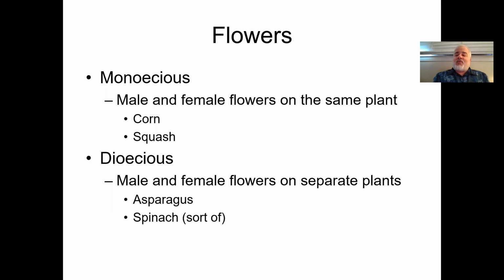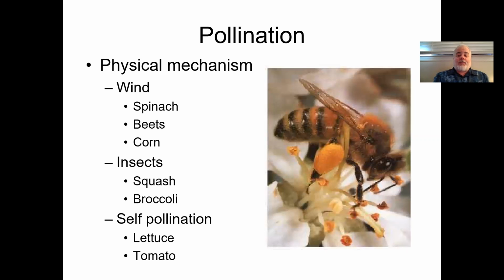So nature doesn't fit into the nice little boxes we like to make. Nature does its own thing. But even though nature doesn't always fit into the boxes, it's still convenient to have the boxes to talk about. Boxes like monoecious and dioecious. So next we're going to talk about pollination.